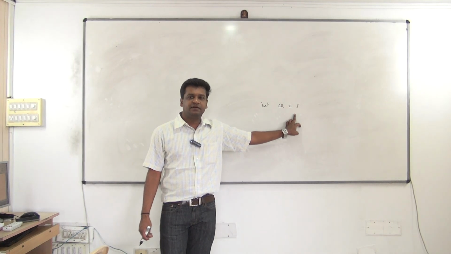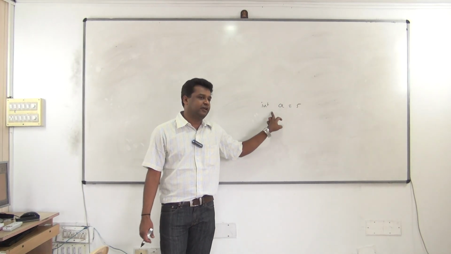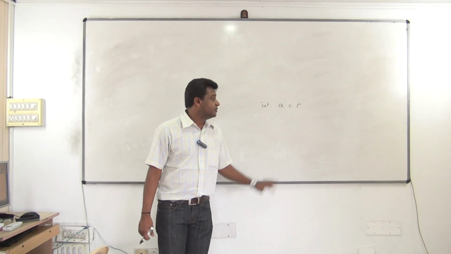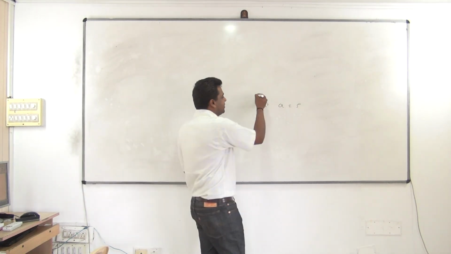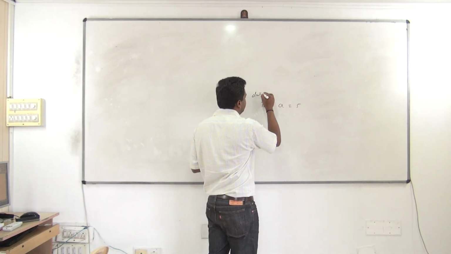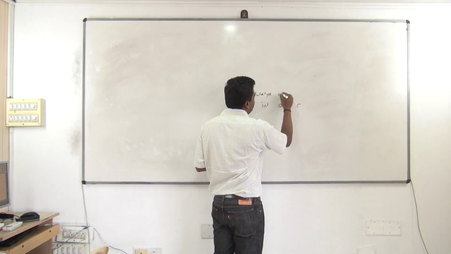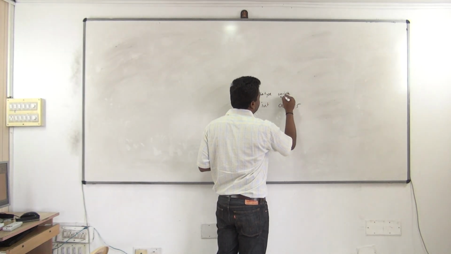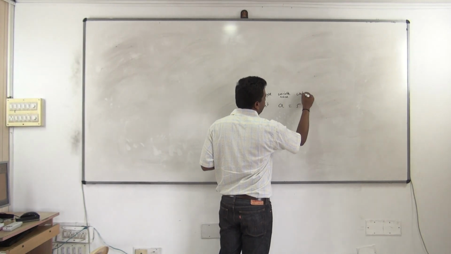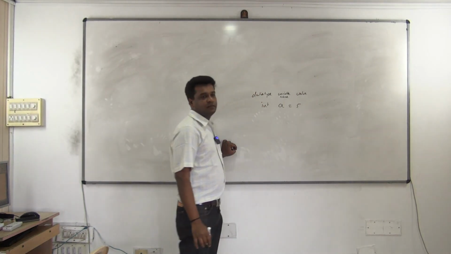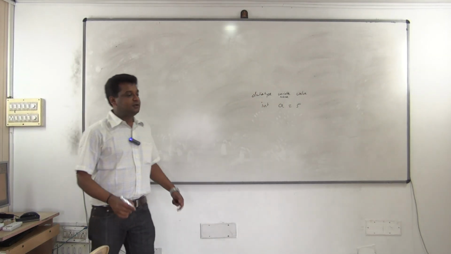A is a variable of type int and it can hold integer values. This is the data type, this is the variable name, and this is the value. As simple as this. Understood?